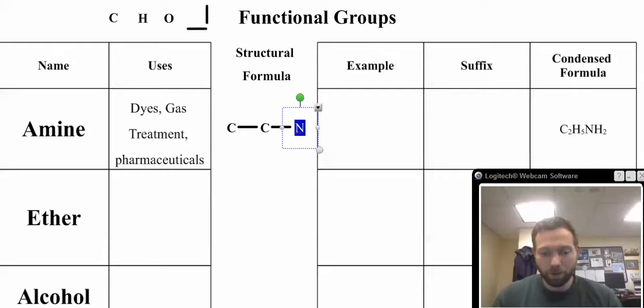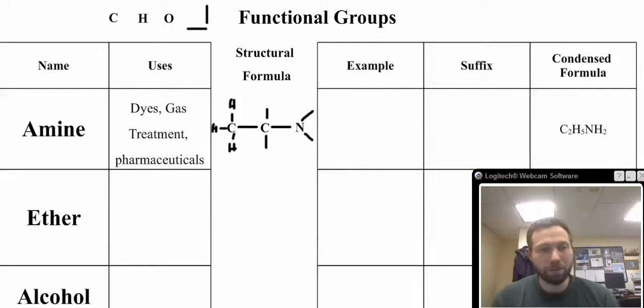So I would just make sure that you draw this. And then you can also draw hydrogens around this. So hydrogen here, hydrogen here, hydrogen here, 2 hydrogens here, and then 2 hydrogens coming off of the nitrogen because it wants 3 bonds.